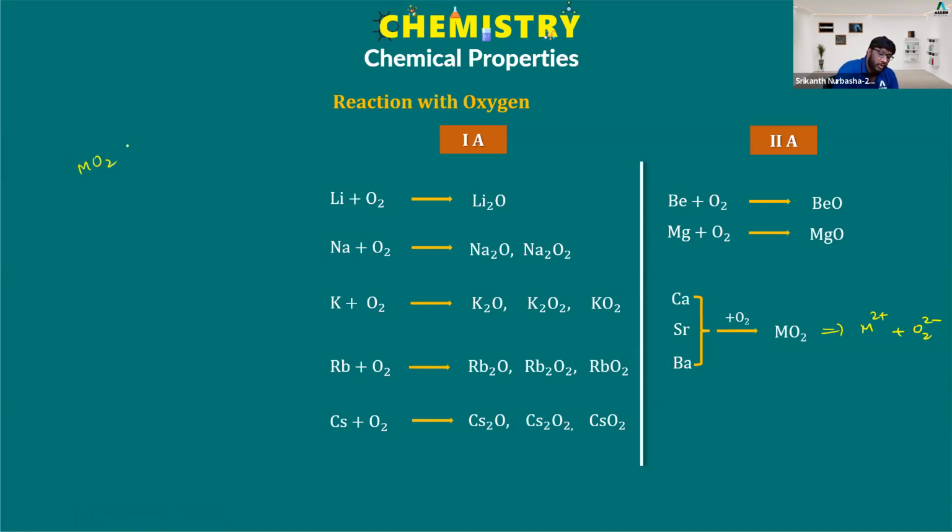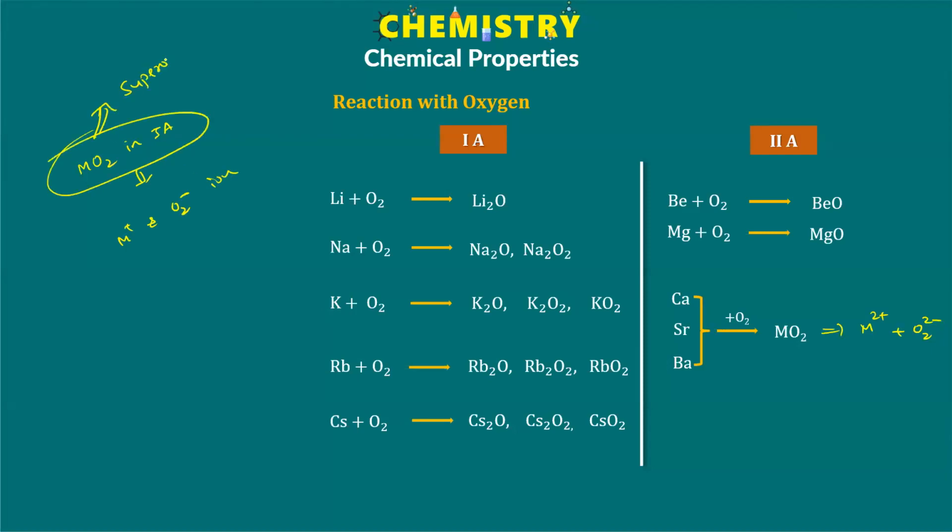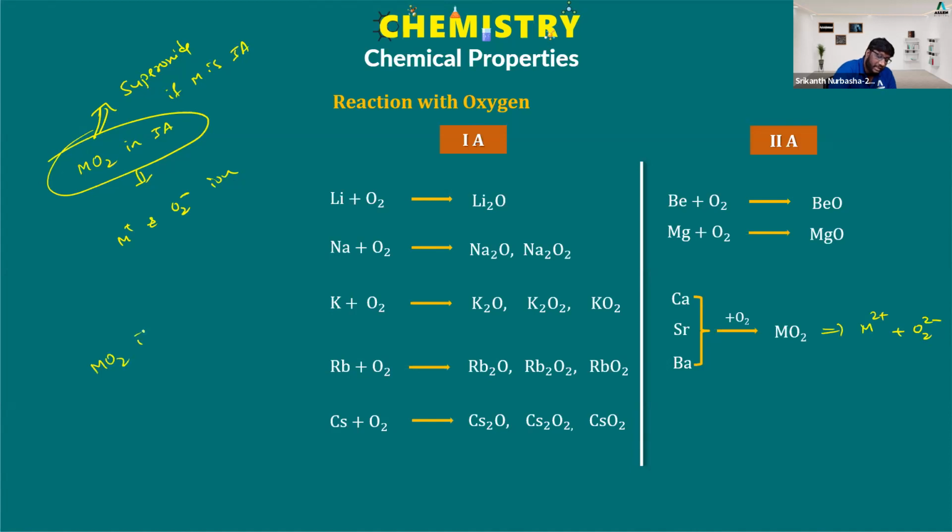If I write MO2 in 1A, it will have M+ and the O2- ion, so MO2 is a superoxide if M is a 1A element.